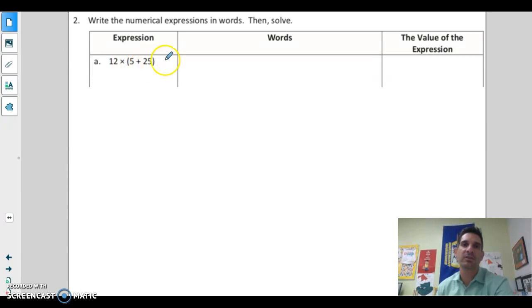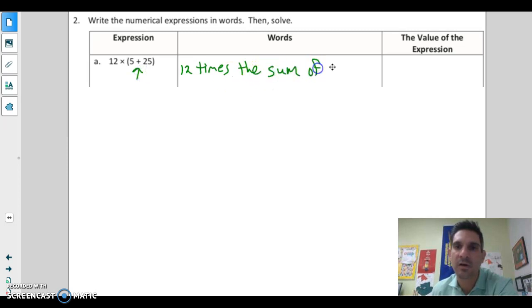Okay, now it says write the numerical expression in words and solve. So to keep it simple, I can say 12, and look back at number 1 for ideas. Okay? 12 times the sum, because we're adding here, of 5 and 25.